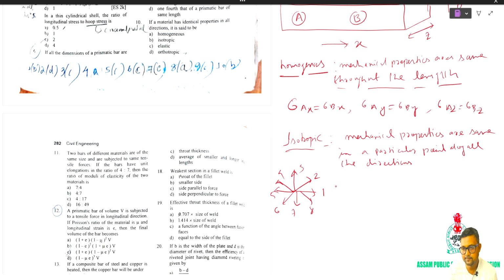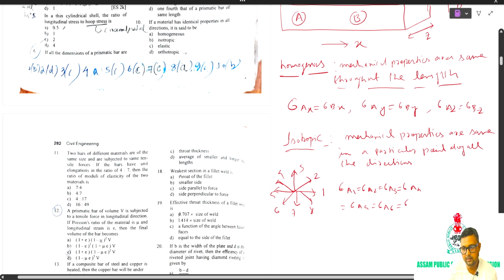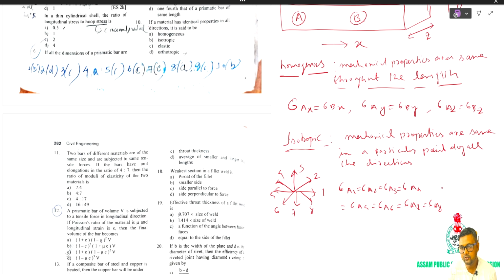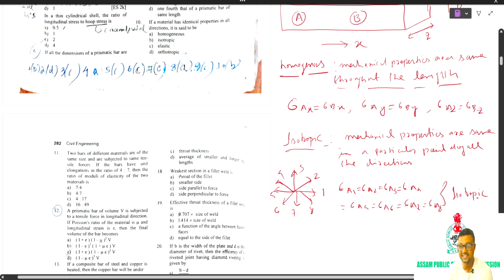So if I take the stress, sigma A at 1 is equal to sigma A at 2, equal to sigma A at 3, equal to sigma A at 4, equal to sigma A at 5, equal to sigma A at 6, equal to sigma A at 7, equal to sigma A at 8. And this is called isotropic. At a particular point, if the mechanical properties are the same along all the directions, it is called isotropic.